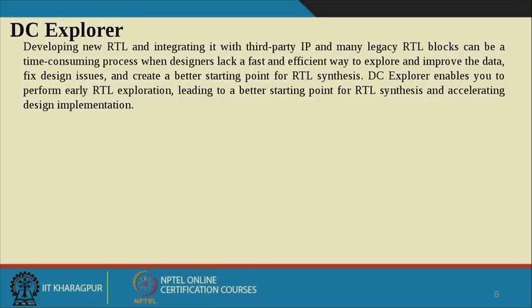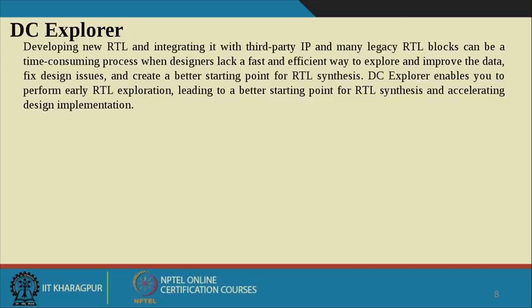So this DC Explorer helps in developing the new RTL and integrating it with the third party IPs in an easier way. Whenever we are designing the system on chip, there might be some blocks designed by the user, and some blocks used from third parties.